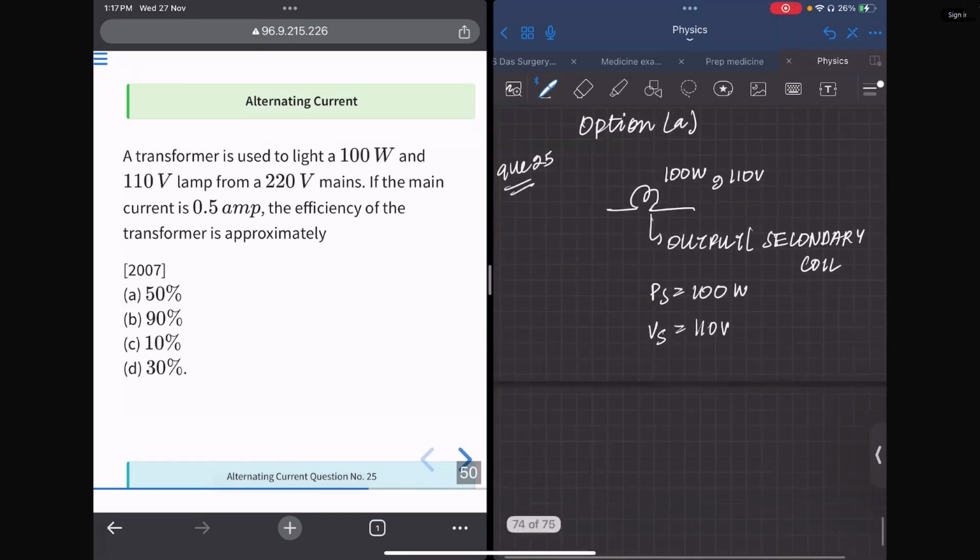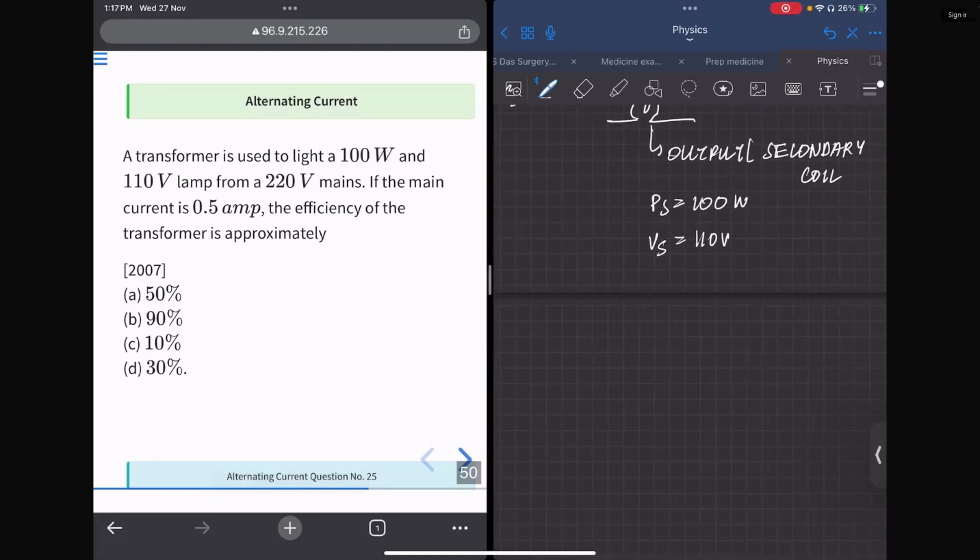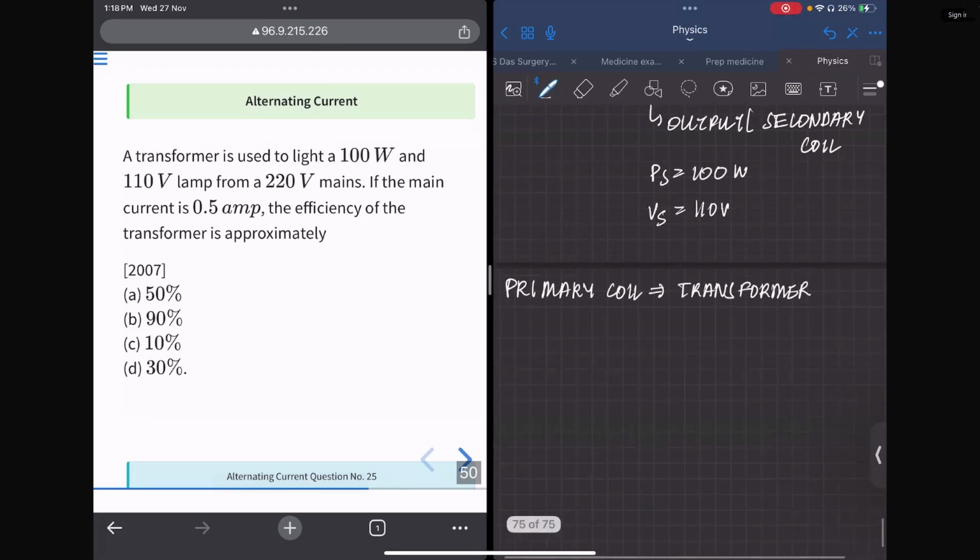Okay. And what have they given about the primary coil? The primary coil is actually a transformer. And in this, we have Vp as 220 volt and the current in the mains, which is the Ip, is equal to 0.5 ampere. And what do we need to calculate?